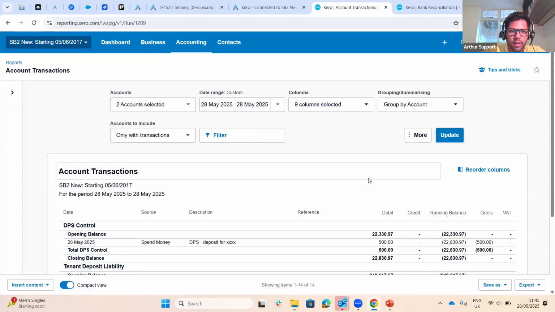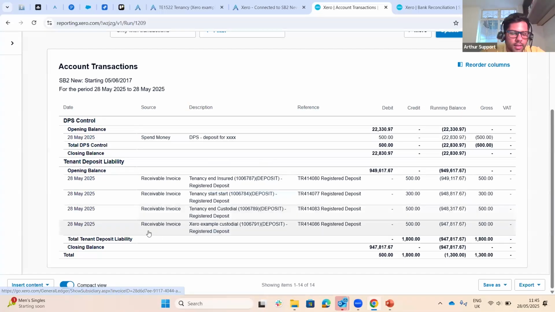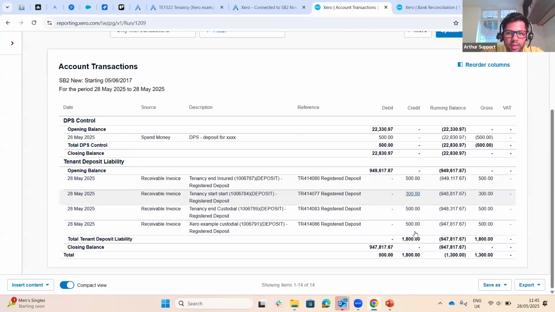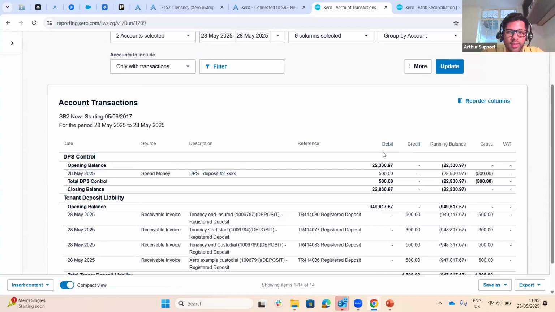Update that. And here we can see that's the credit balance created from the registered deposit charge raised on the deposit statement. And then by doing that create function transfer here, we can see that then creates a debit balance.